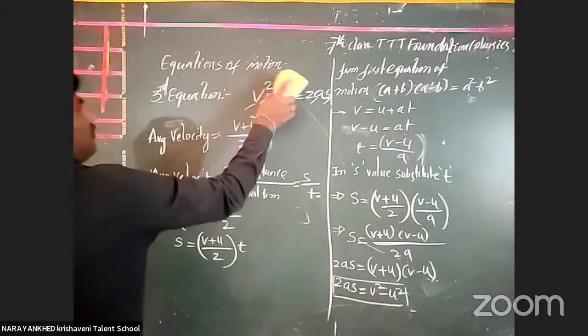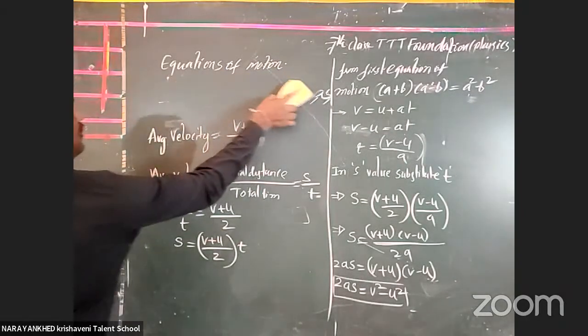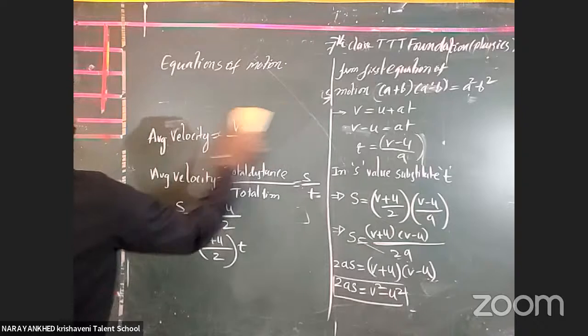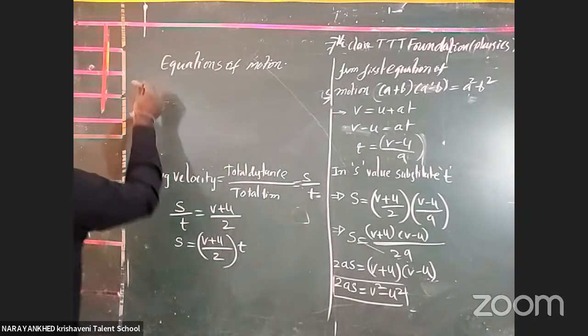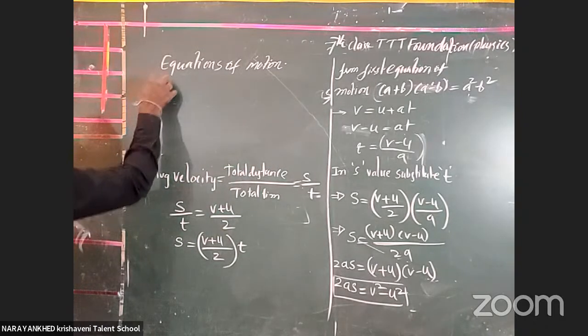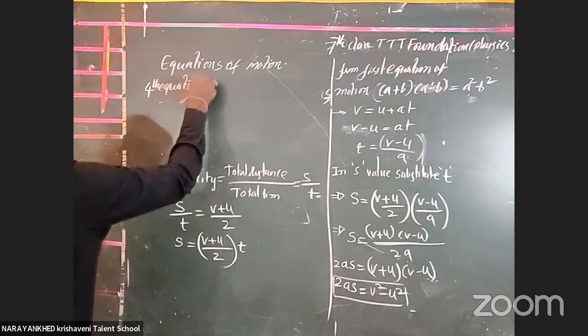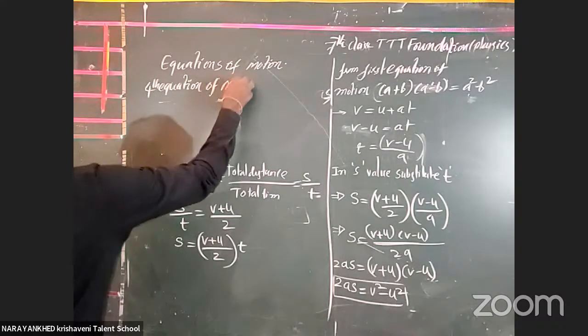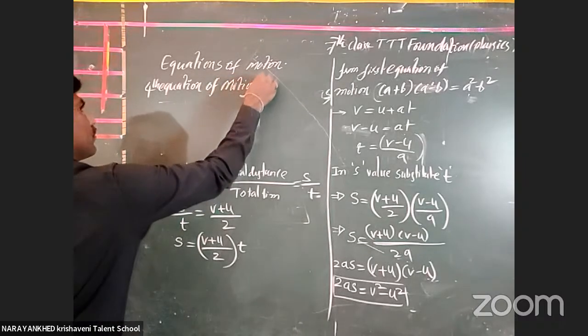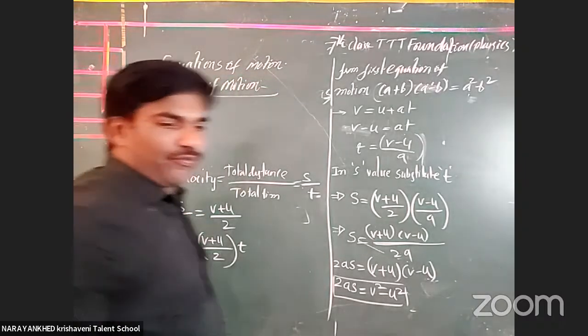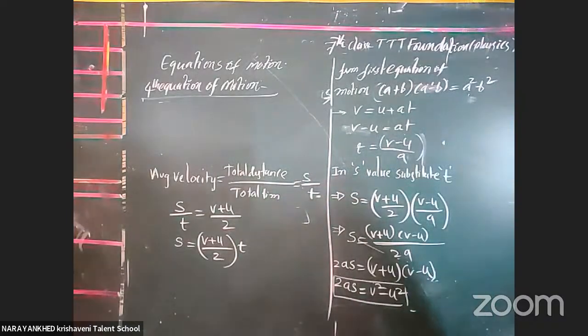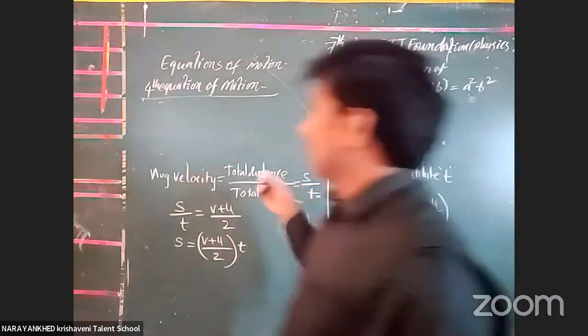All the students, next is the fourth equation of motion. It is a very important fourth equation of motion, somewhat different. Look here, fourth equation of motion. Suppose we want to find out how much distance a body travels, starting with some initial velocity.